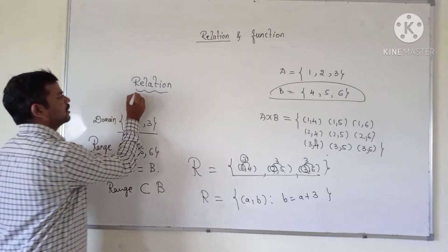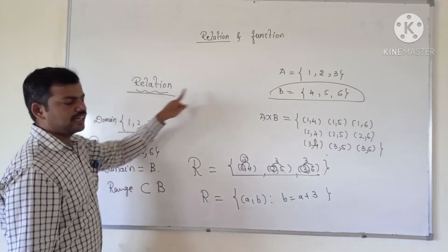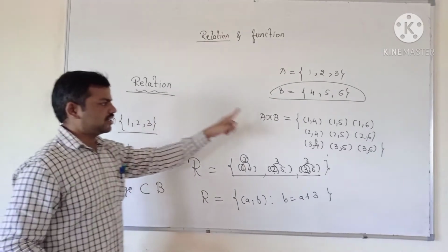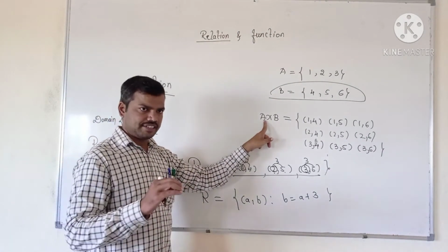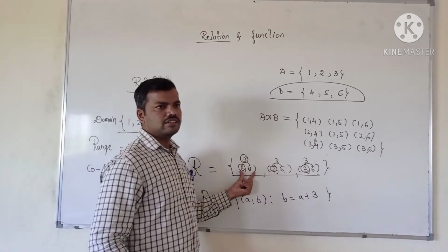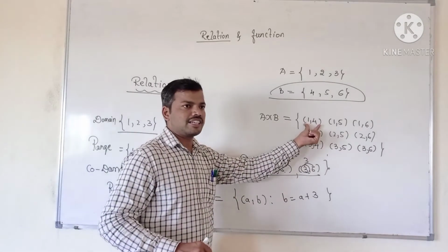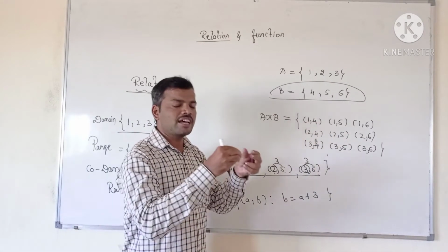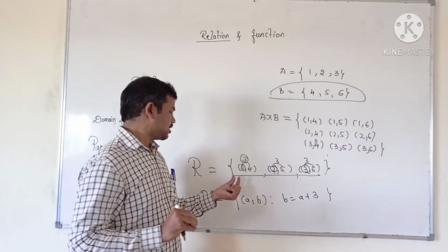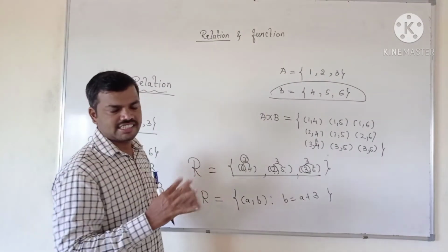What did we learn? We understood the relation. What is a relation? Collection between any two elements. We can also say it is a subset of Cartesian product. The ordered pairs are borrowed from the Cartesian product by giving a specific relationship between first element and second element, called the relation.